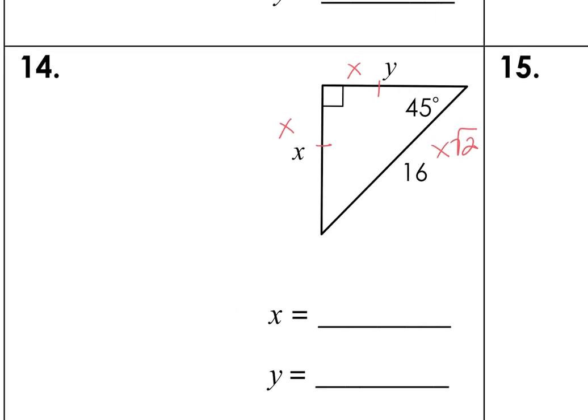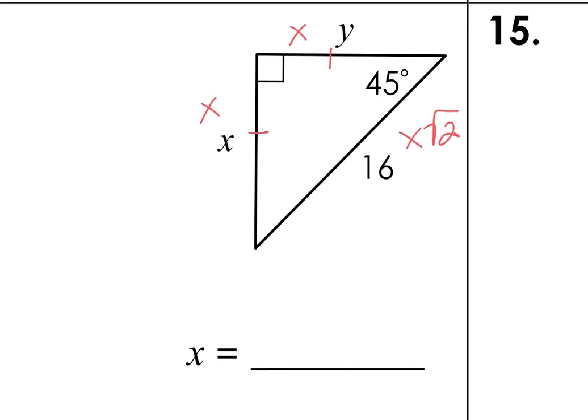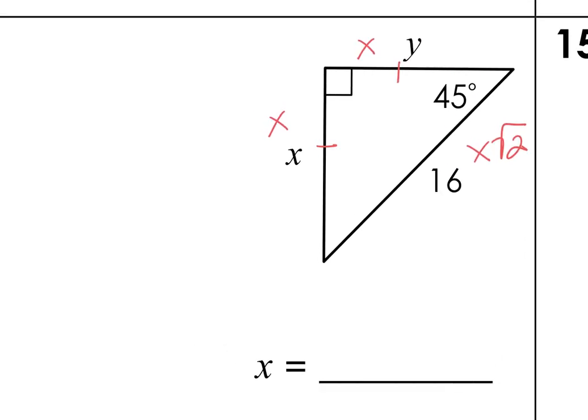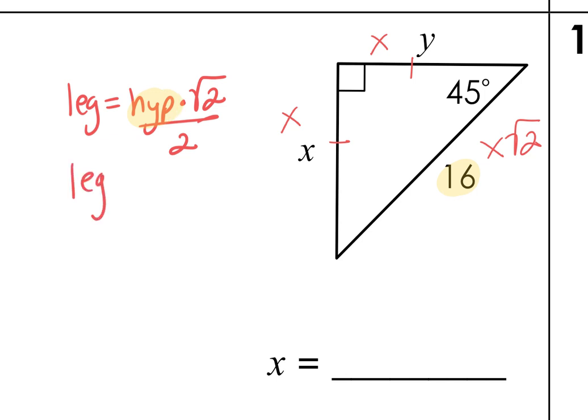Okay, so I know that my hypotenuse is 16, and that's my ratio, x square root of 2. I'm going to use that formula that I wrote up above. To find a leg, we're going to do the hypotenuse times the square root of 2 over 2. Plug in what you know. Your hypotenuse is 16. So my leg is going to be 16 times the square root of 2 over 2.